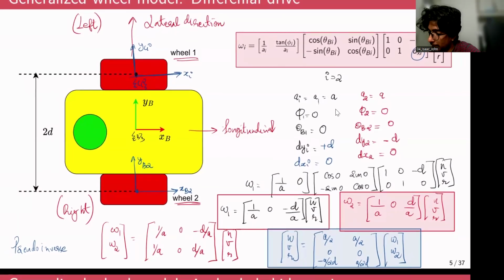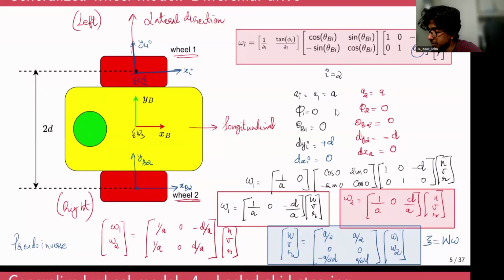So this can be written in a compact form as zeta equals W multiplied by the angular velocity vector, where zeta is the vector of UVR, and this omega vector is the vector of angular velocities omega 1 and omega 2, and this W is the wheel configuration matrix, which basically depends on the configuration of the mobile robot that you are analyzing.